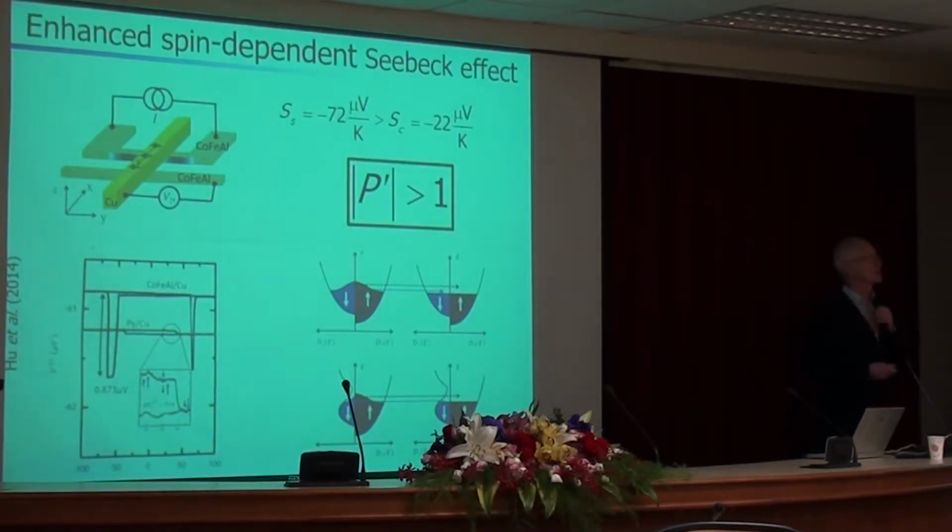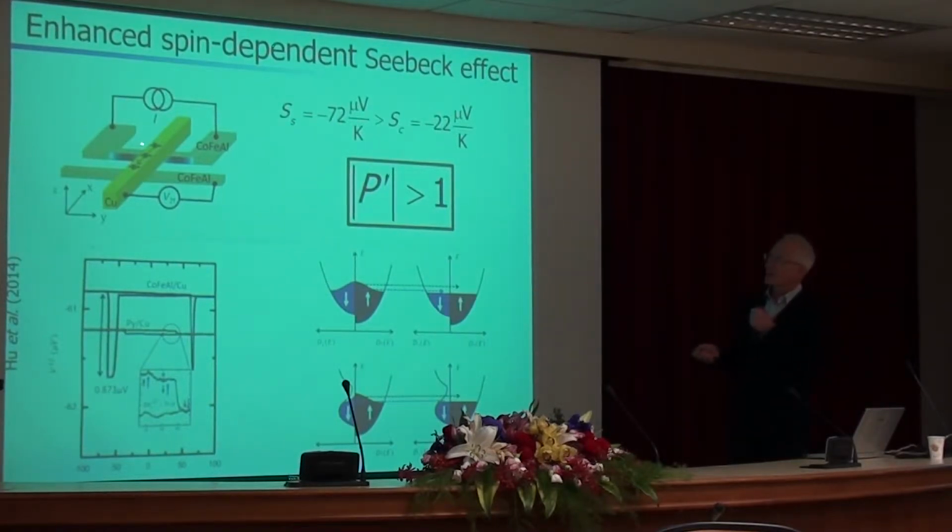I just point out a recent experiment by the group of Kimura at Kyushu University. Here's the structure. You're driving a charge current through this ferromagnet, which becomes hot and thermally injects a spin current into this copper layer here. And the spin accumulation generated is detected by an analyzer of the same material.